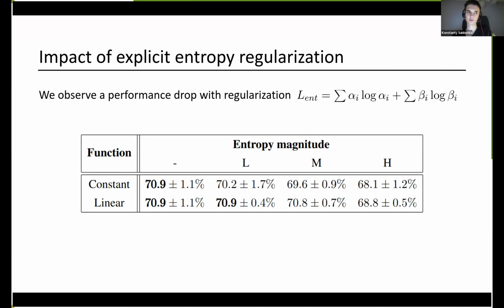But here, as we saw before, lower entropy architectures suffer less from the discretization error. However, we can actually observe that strong entropy regularization leads to worse results in the searching stage. You can think of it intuitively as harming exploration in the searching stage in favor of having a more discrete architecture.